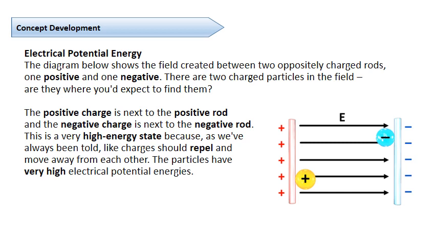There are two charged particles in the field, and are they where you would expect them? The positive charge is next to the positive rod, and the negative charge is next to the negative rod. This is a very high energy state, because as we've always been told, like charges should repel and move away from each other. The particles have a very high electrical potential energy.